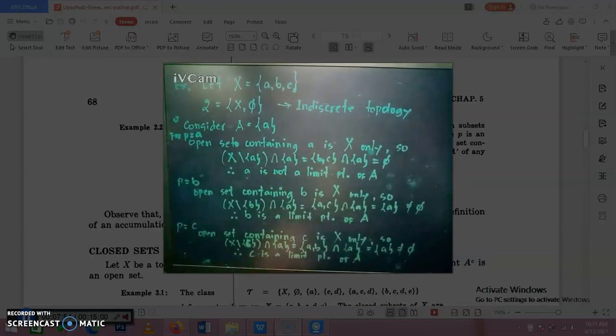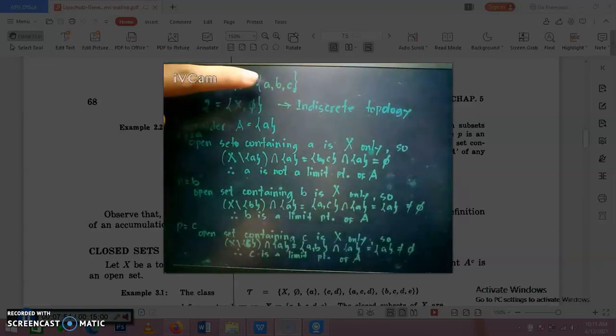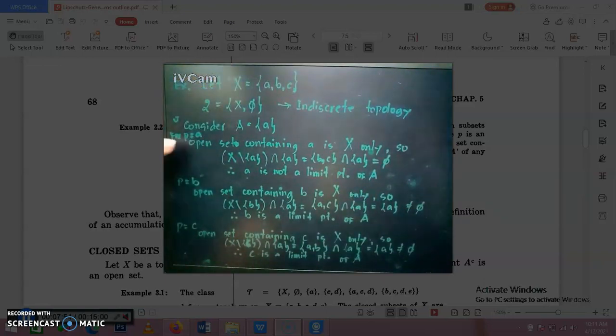Since our P must be in X, not only in the given set A, we will test it for all points in X. So first, let us try point A, so P is equal to A.